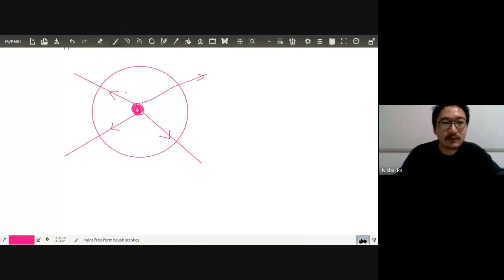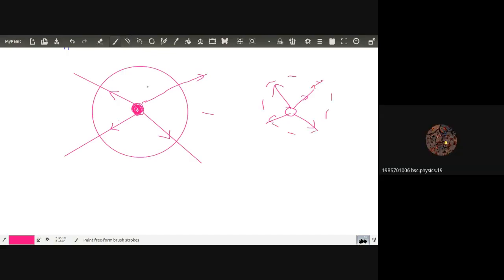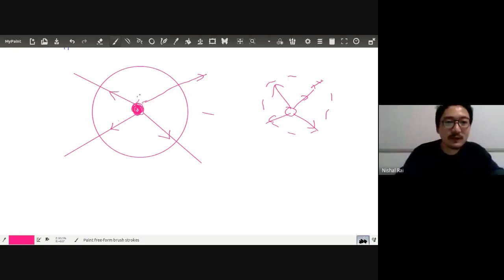This kind of flow is called radially outward. Just like an electron, the fields used to go radially outward. So here also the heat will flow radially outward. That is how it should flow.